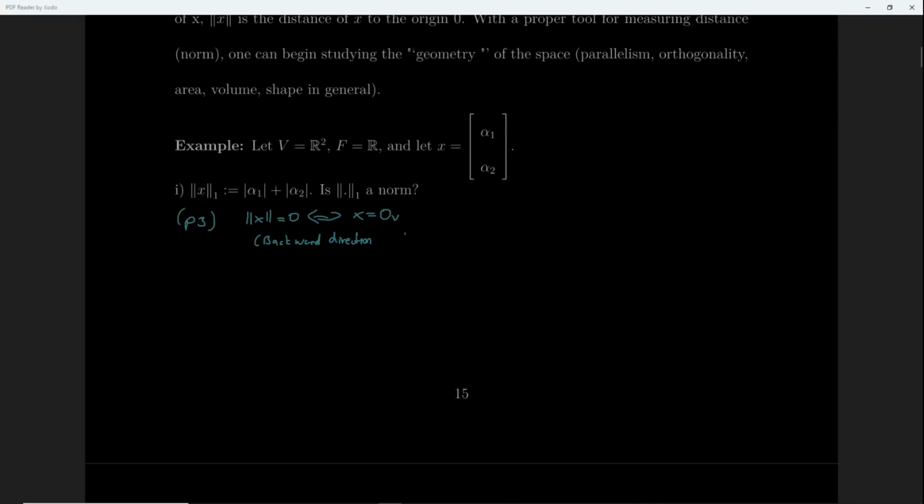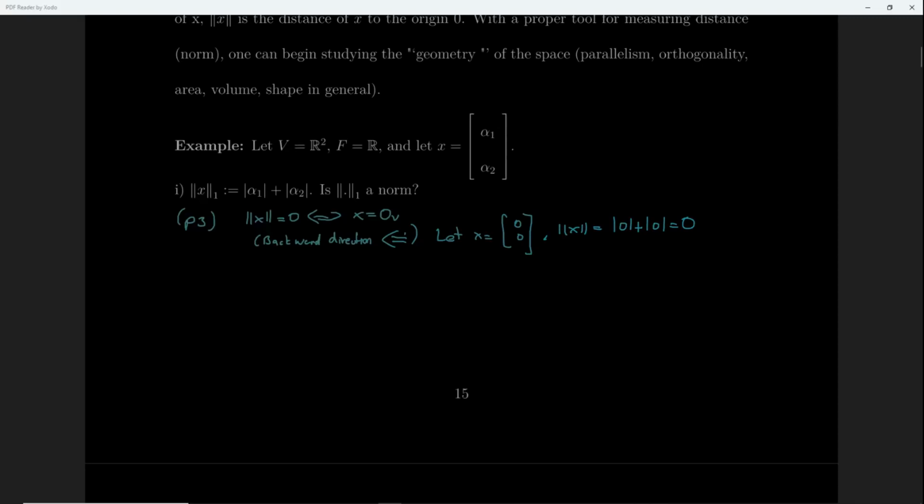So this is the backward direction, and let x be the 0 vector, 0, 0, both alpha 1 and alpha 2 equal to 0. Then what is the norm of x according to that definition? That is equal to the absolute value of 0 plus the absolute value of 0, and that is equal to 0.